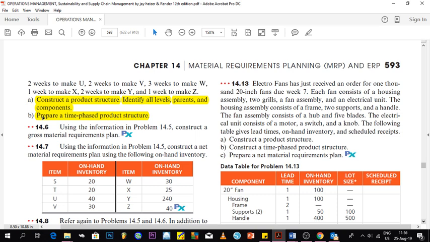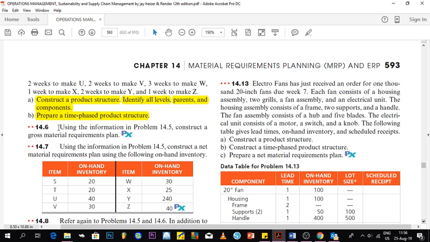Then we also prepared the time-phased product structure, which is also what we did. So today we'll do 14.6, which says, using the information in problem 14.5, construct the gross material requirements plan. We'll also work on 14.7, which is about constructing a net requirements plan. So this last video will be about 14.6 and 14.7.